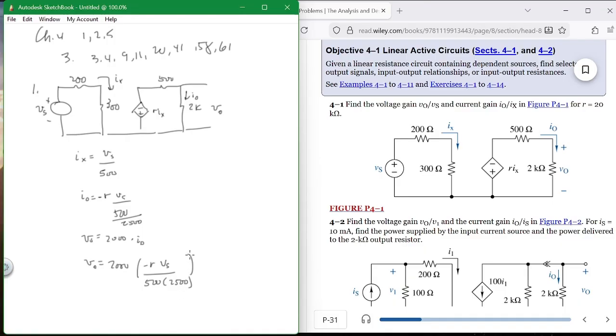Any questions about this one? V out over V supply is 2 divided by 5, and then that's 2,500, so it's 5 times 2,500 or whatever that is, and then 2/5, okay, it's 2/5 of minus R over 2,500.